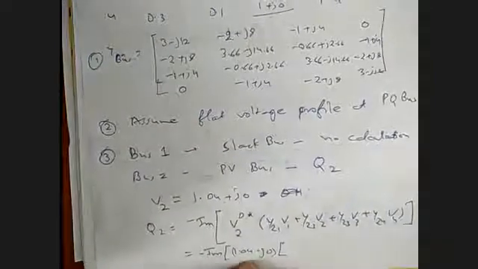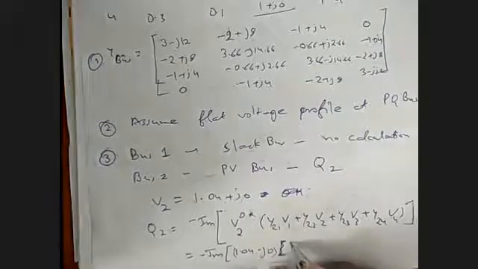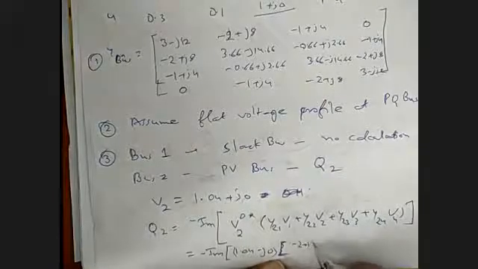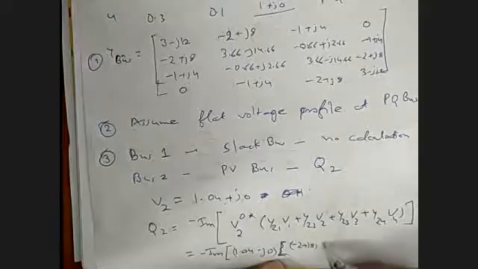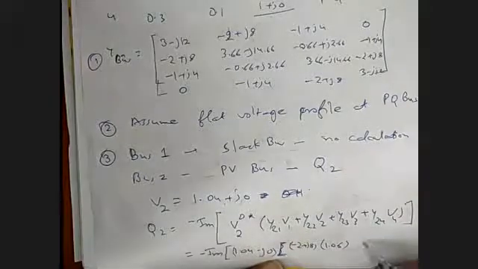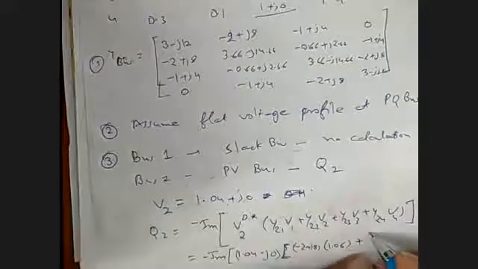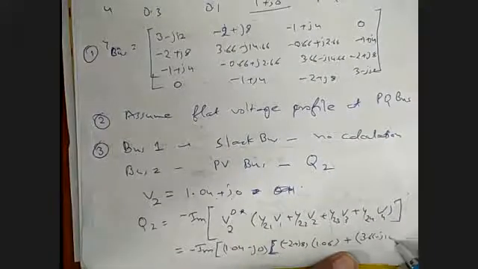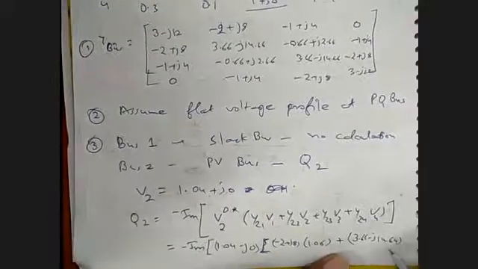Then Y12. So Y12 is minus 2 plus J8, V1. V1 is 1.06, plus Y22. It is 3.66 minus J14.64 into V2.